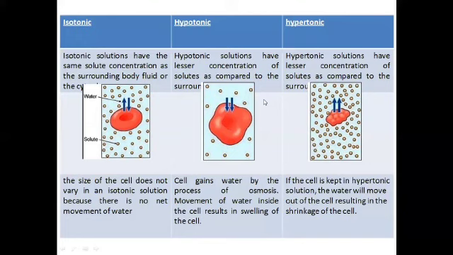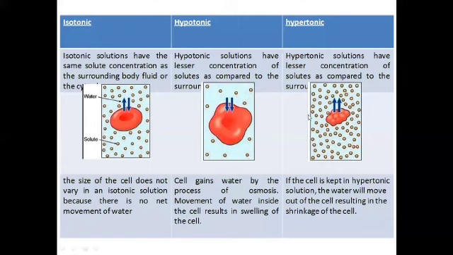But if you place a cell in a hypotonic solution, then what will happen? Hypotonic solution means there is a lesser concentration of solute in the solution as compared to the cell. So definitely, through the process of osmosis, the water will move inside the cell and the cell will swell.